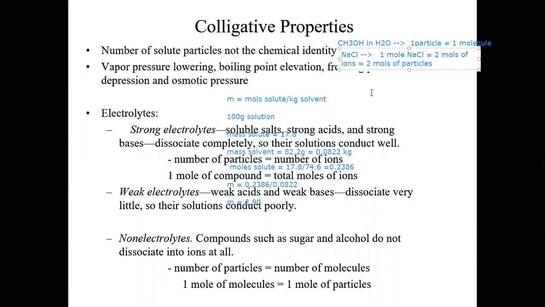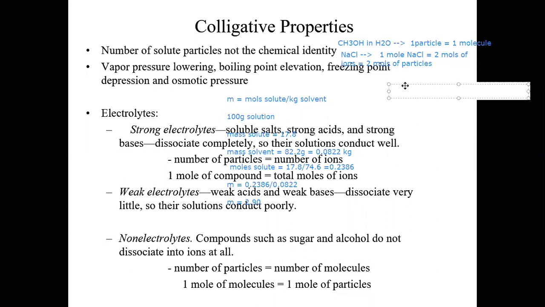So there will be more particles in a 1 molar solution of sodium chloride, for example, compared to a solution of 1 molar methanol. So for every mole of methanol, you get 1 mole of particles. For every mole of sodium chloride, you get 2 moles of particles.